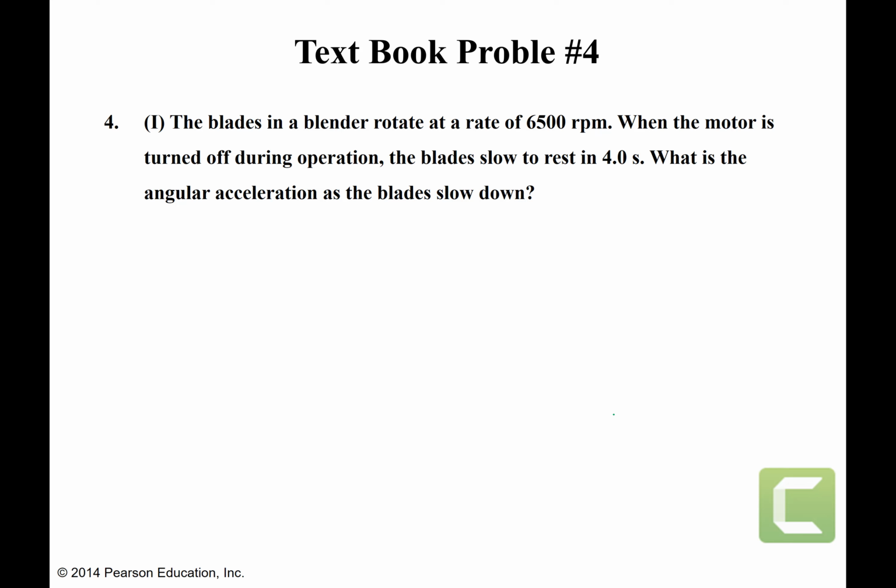This is a textbook problem, number 4. So take a look at this problem. You can pause my video and think about the quantities that are given and what the problem is talking about.